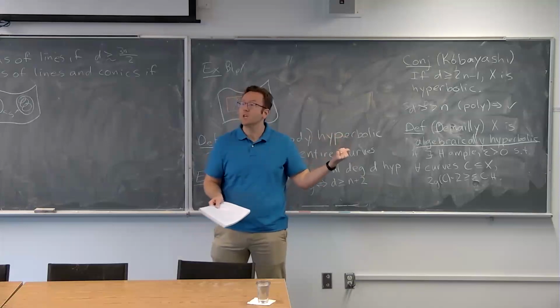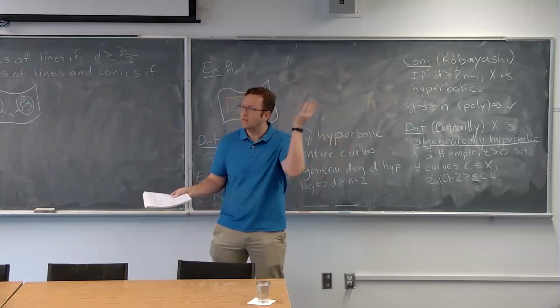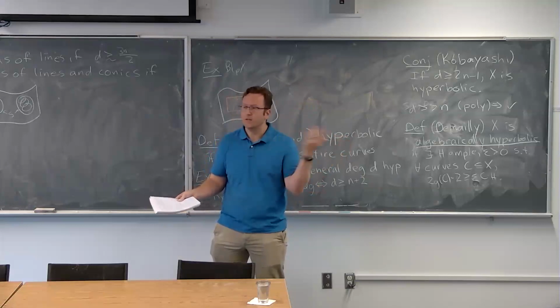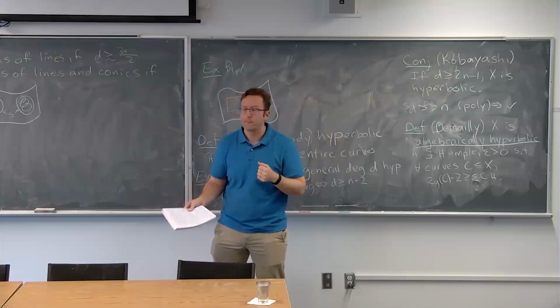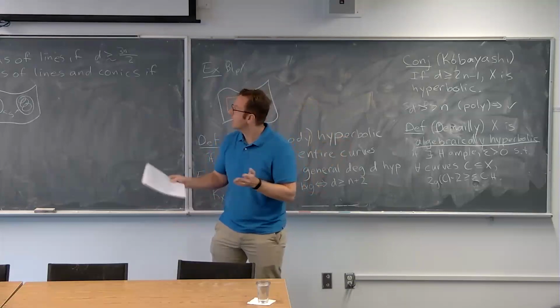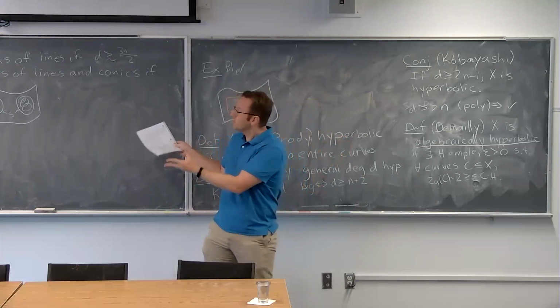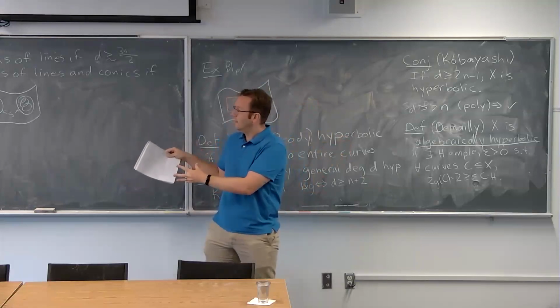You need some sort of generality because you can always find a hypersurface that contains a line, even of arbitrarily high degree, so you can't be hyperbolic in that case.